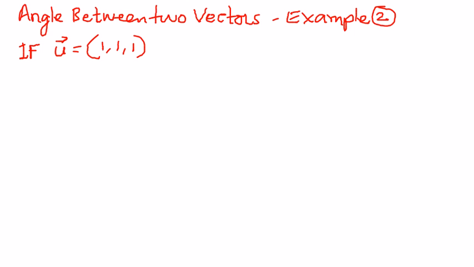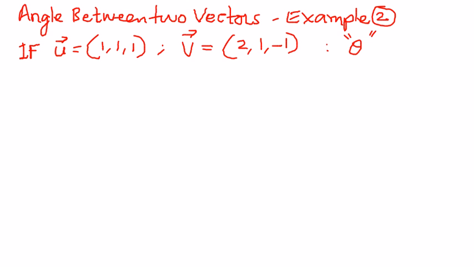These are the components of vector u, and the components of vector v, let me write this again, components of vector v are 2, 1, -1. And if these are two vectors in R3 space, we want to find the angle theta between these two vectors.